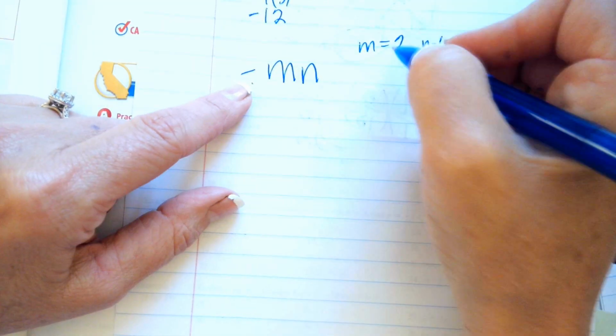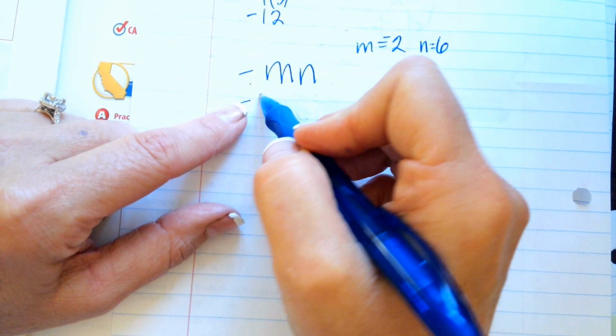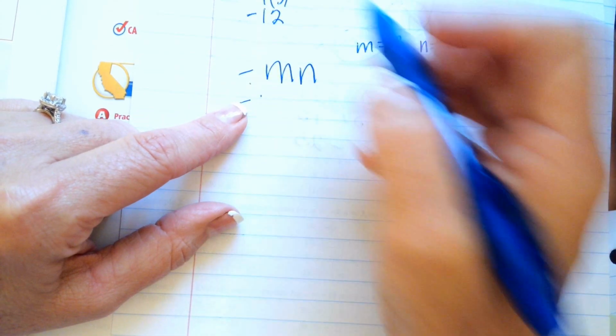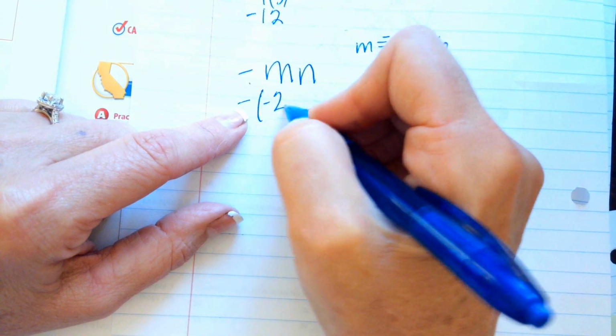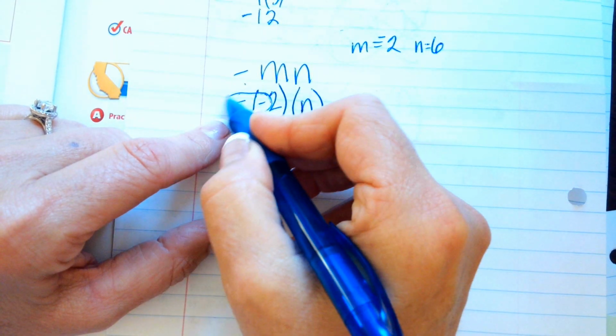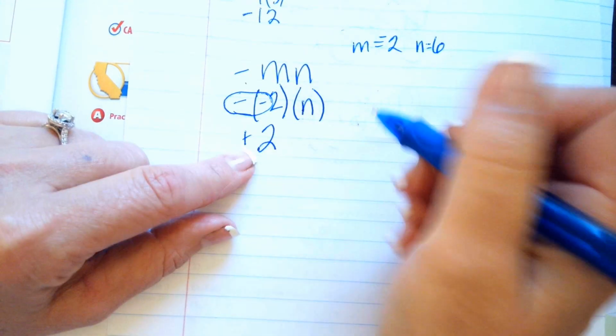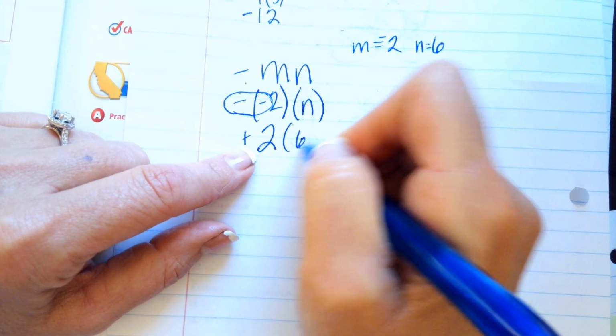This right here is negative M. So negative M is negative 2 times N. And we know that when something is touching like this, it becomes a positive. And then my N is a 6.